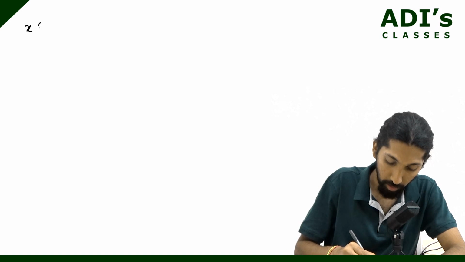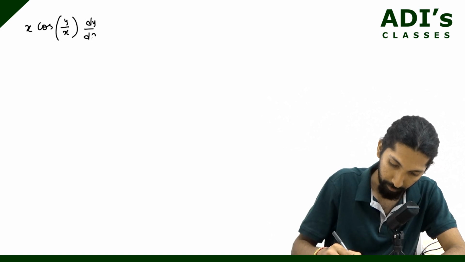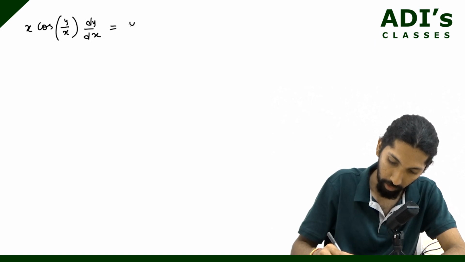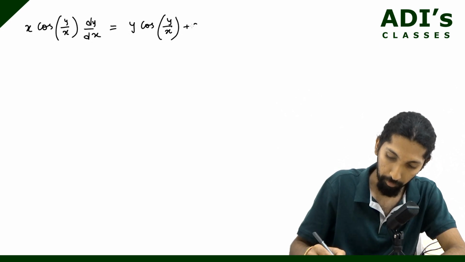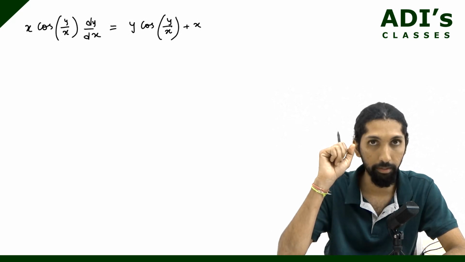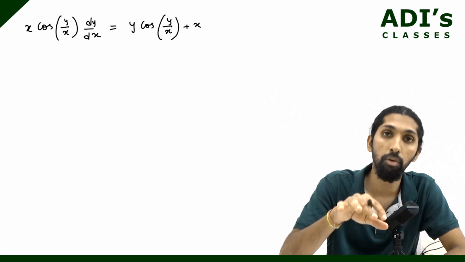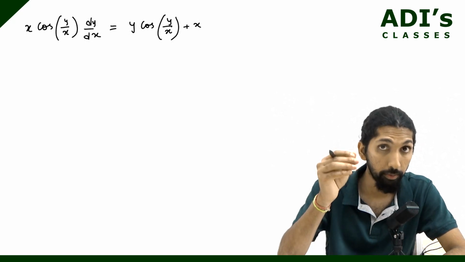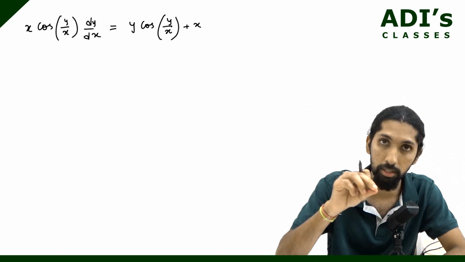See this example. You have x cos of y by x into dy by dx is equal to y cos of y by x plus x. Assume this is what we have as the function. Now here, rather than proving, we are trying to understand whether this is a homogeneous equation or not.